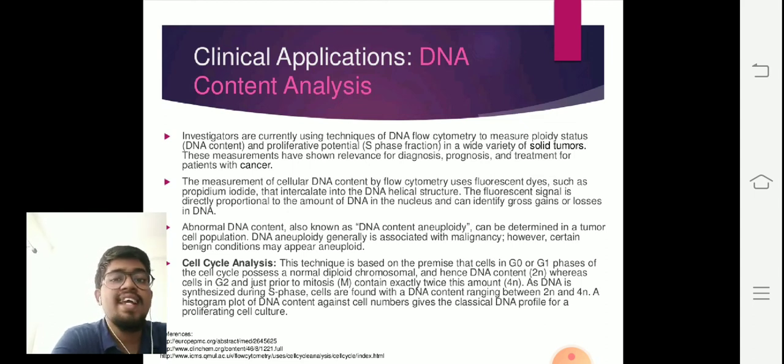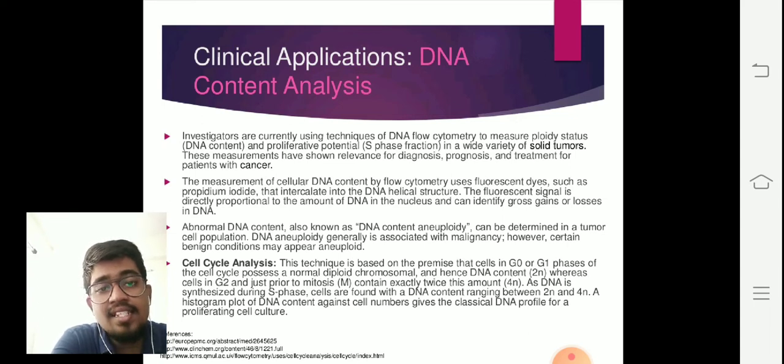Now talking about cell cycle analysis. This technique is based on the premise that cells in the G0 or G1 phase of the mammalian cell cycle possess a normal diploid DNA content, whereas cells in G2, just prior to mitosis, contain exactly twice the amount.